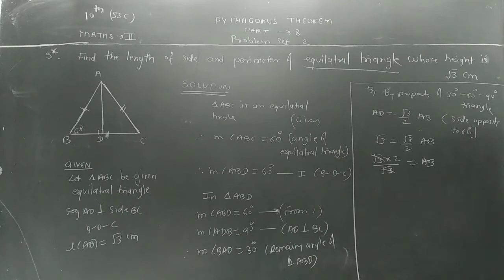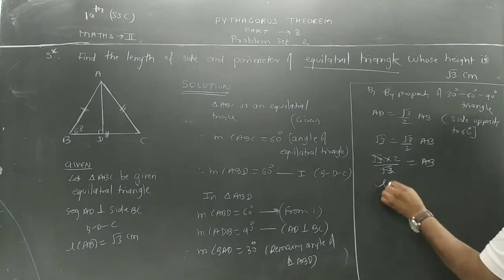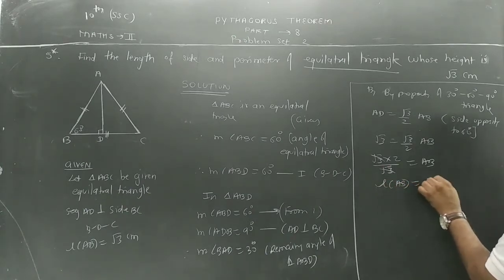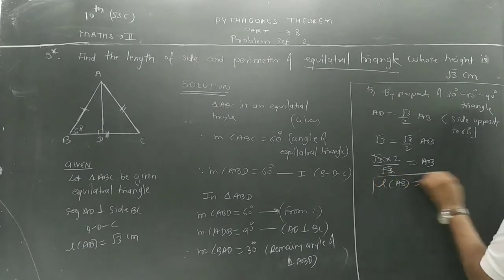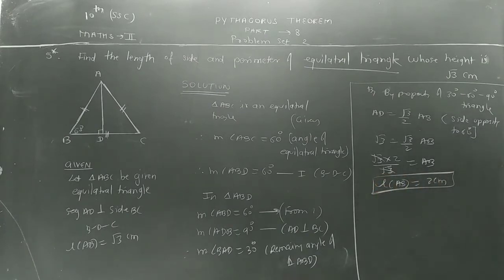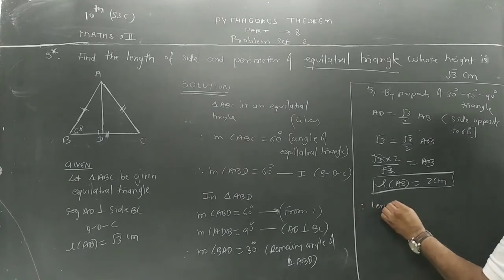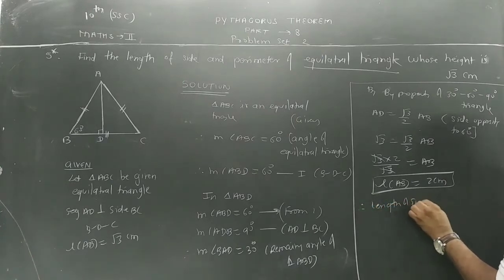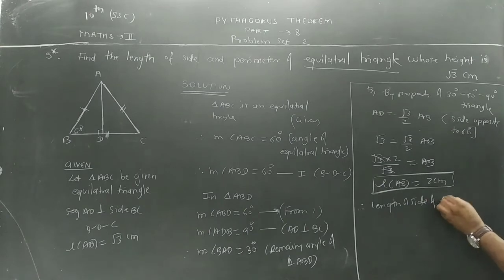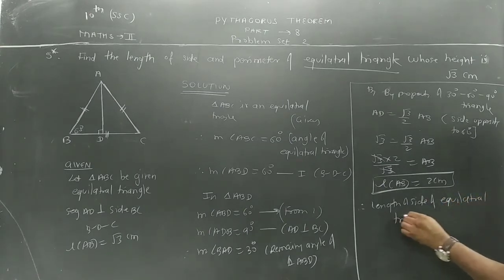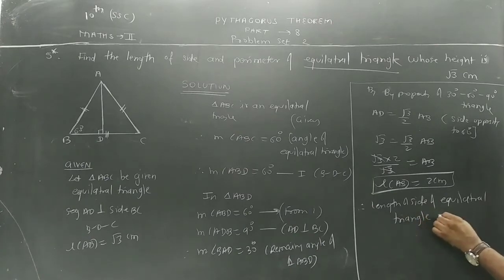Root 3 gets cancelled. Length AB is equal to 2 centimeter. But AB is a side. Therefore, length of side of equilateral triangle is equal to 2 centimeter. That we put in the box.